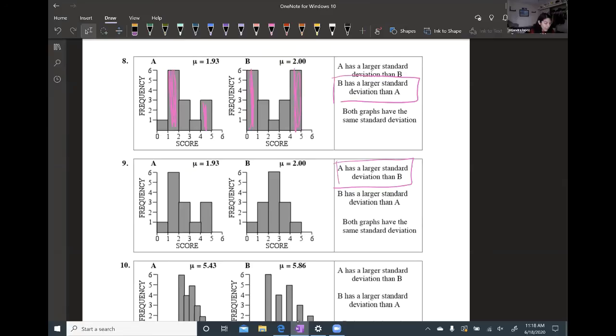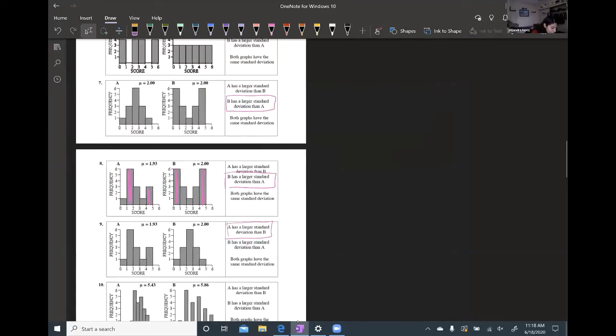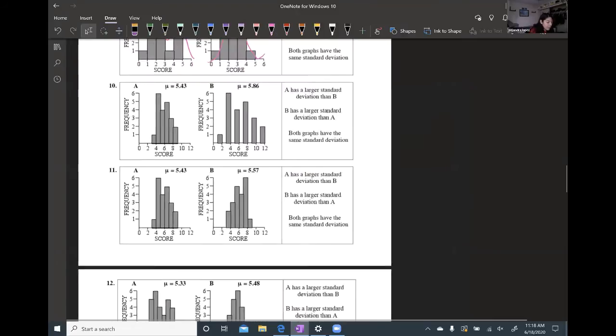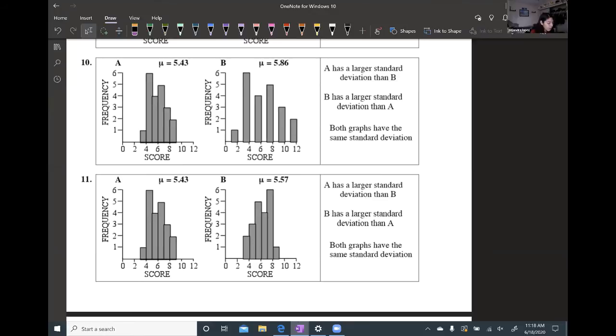Okay, and you can see a kind of a pattern, right? Like number 7, it was like this, and this was normal, so it was B. And then 8, it's also a bump and a bump, and this one, a bigger bump and a bigger bump, so it's this guy. This one looks normal, so it has to be this guy here, A. Okay, we're almost done. 10, the one A has no gaps in between, and B looks almost the same, it just has a bunch of gaps.